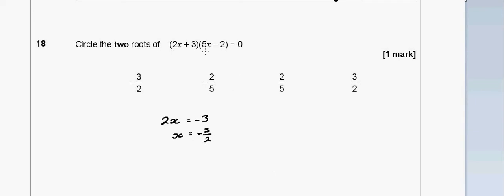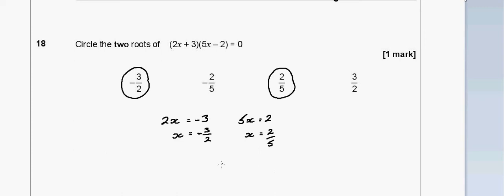And then we've got 5x minus 2. So 5x would equal plus 2. So x would equal 2/5. Okay, and here we can see x is 2/5 and x is minus 3 over 2.